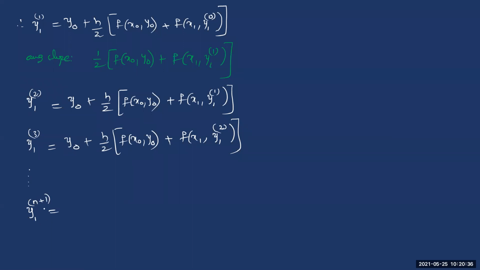Now, when it is y1 n plus 1th approximation, we'll get y0 plus h by 2 times f of x0, y0 only, plus here we'll take f of x1 and the previous approximation to this, which is the nth approximation. Now see, this formula we use iteratively to calculate different approximations to only y1.